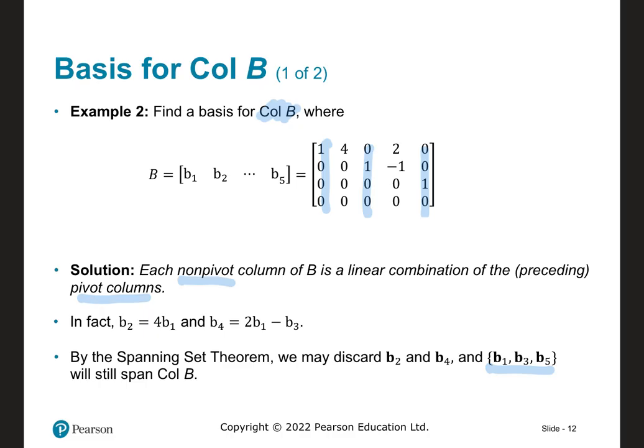But in the case of a matrix, I can easily tell which columns are pivot columns, right? So it is very simple to choose one basis if I know the reduced row echelon form of a matrix.